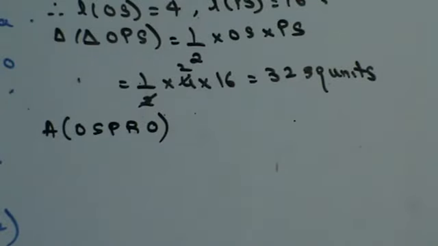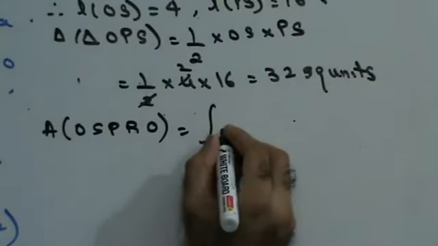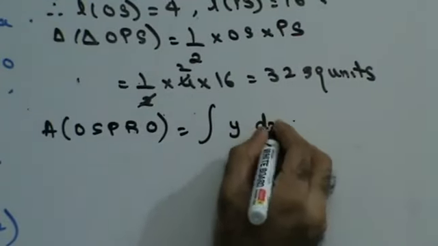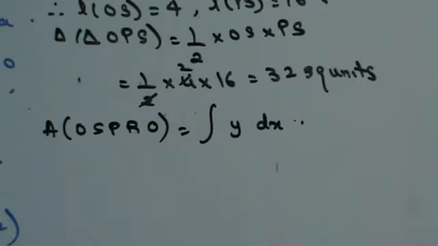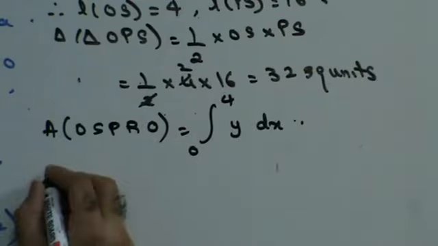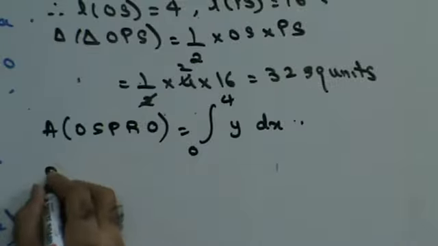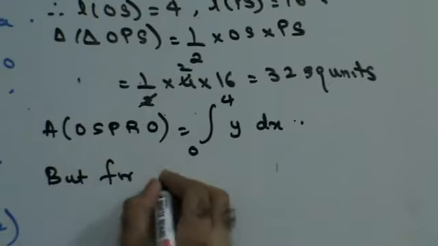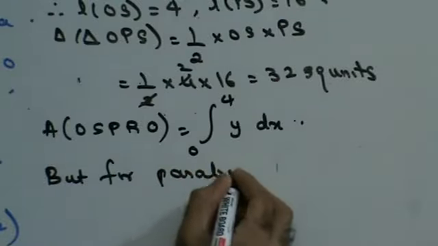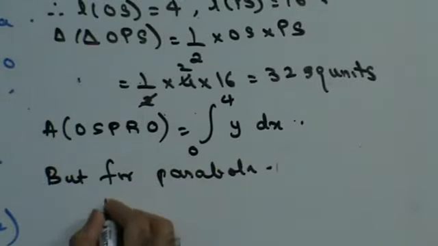Area of a curved region is nothing but the integral of y with respect to x from the lower limit to the upper limit. The lower limit starts from the origin, and the upper limit is up till point S, so up till point 4. For the parabola, they have given you that y is equal to x square.